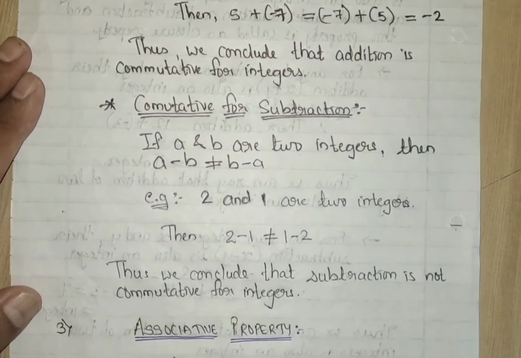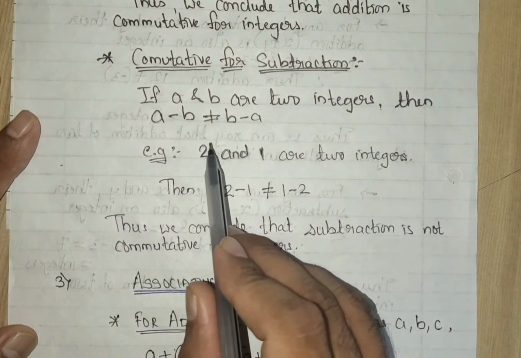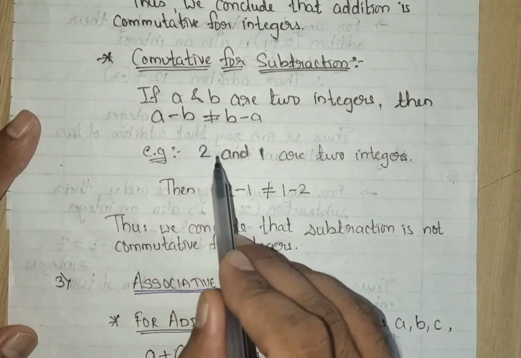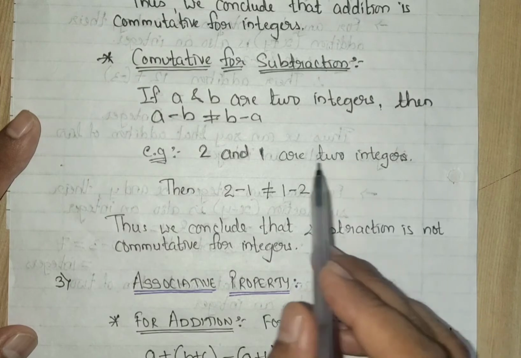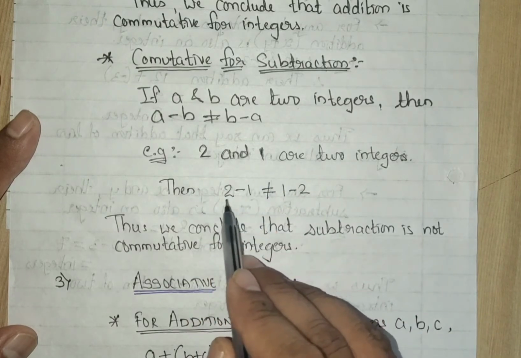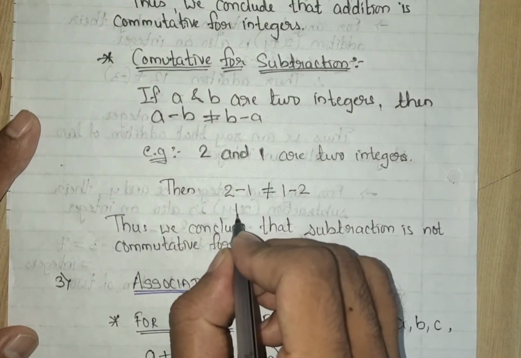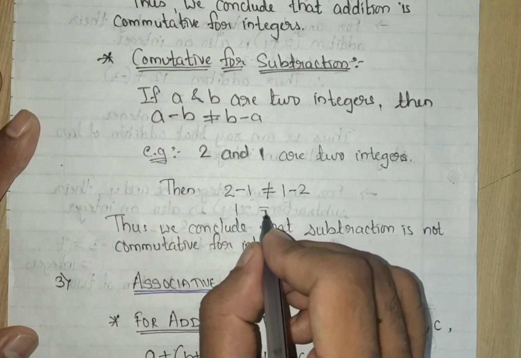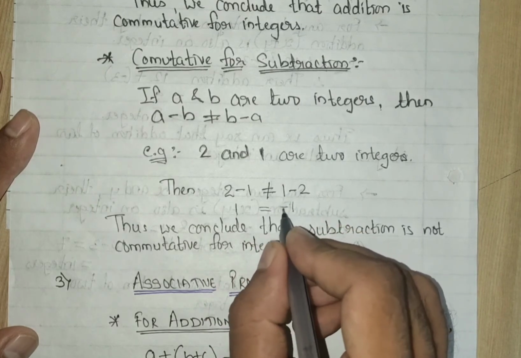Is subtraction commutative? For that, let me again take an example. Let me take a is equal to 2, b is equal to 1 and subtract them first. First I am doing 2 minus 1. 2 minus 1, the resulting answer will be, students, 1. And 1 minus 2, resulting answer will be minus 1.